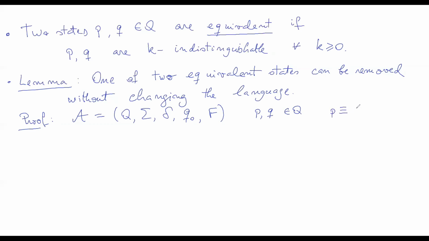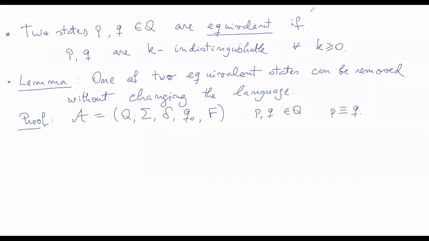They are equivalent. And I'm going to define a language or an automaton that has the same states minus one of them. Let me just trace back one step to make the point of which state I'm going to remove.